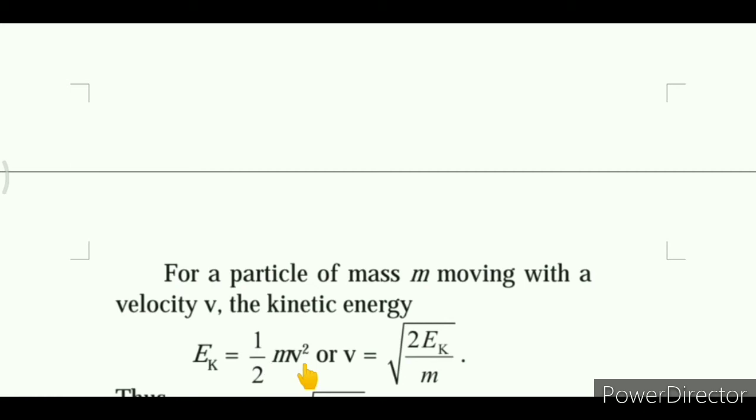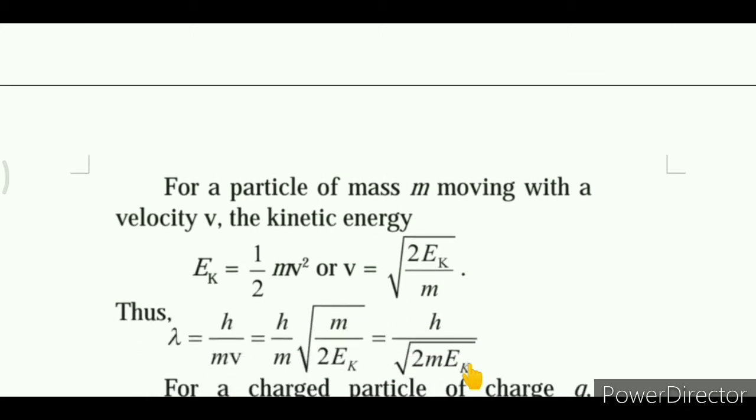By using this equation, we can write the velocity of the moving particle as the square root of 2 times kinetic energy upon the mass of the moving particle.